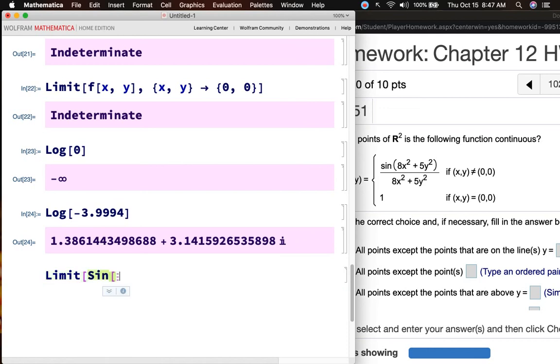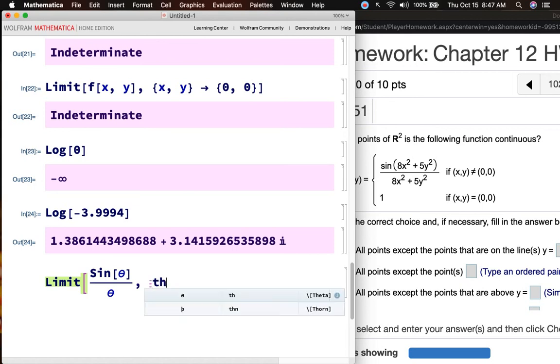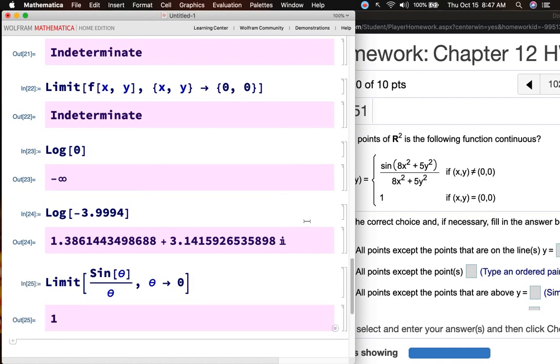Sine theta, if I want theta in Mathematica, I press escape, theta, divided by theta, and theta goes to 0. This is 1. The limit is 1.